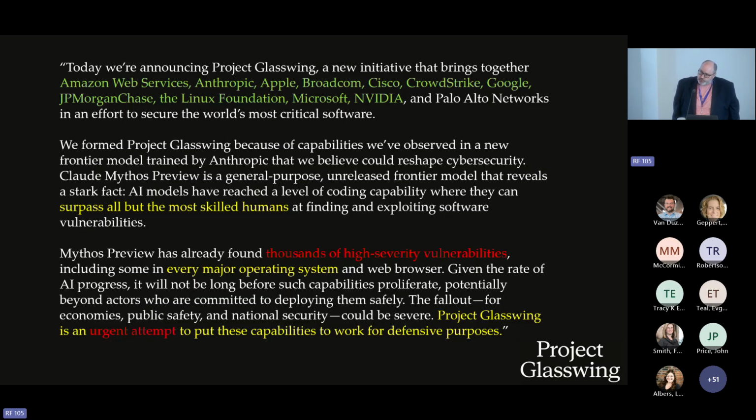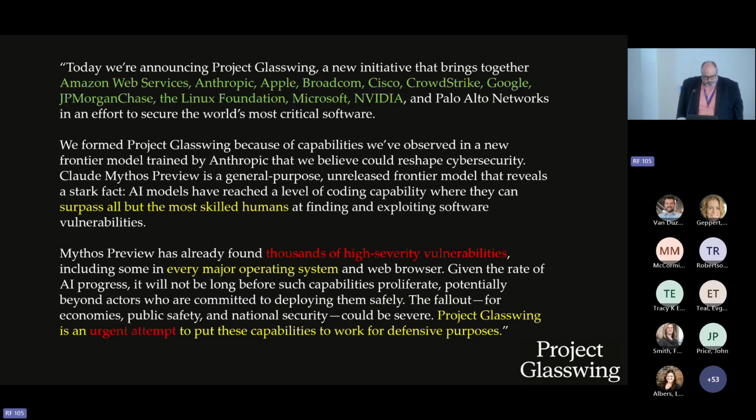Anthropic tested its new model called Mythos and realized that it discovered thousands of high severity vulnerabilities in every major operating system that the creators of these systems were not aware of. And if you discover a vulnerability that has not been patched, you can use that for a variety of purposes, including nefarious purposes.